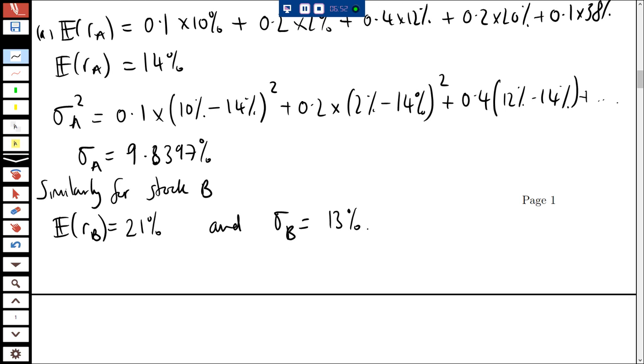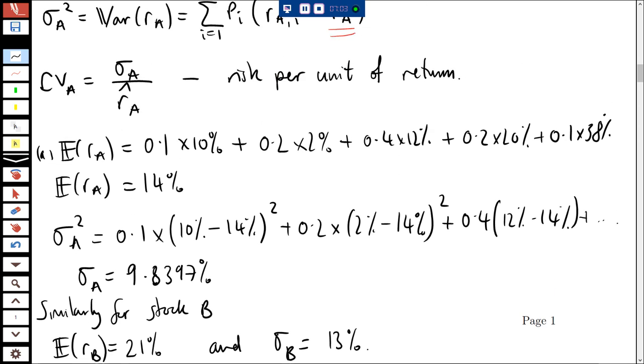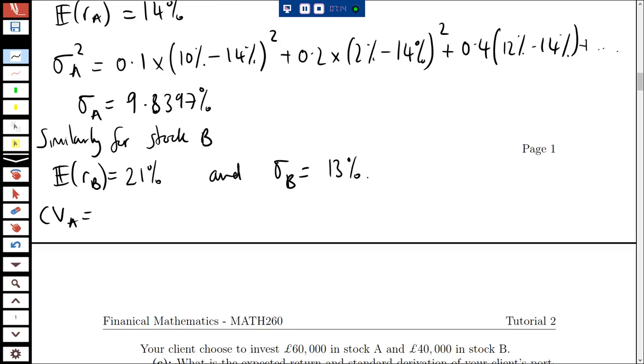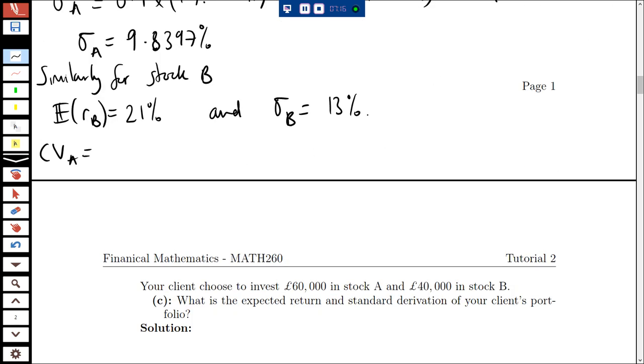Okay, finally the coefficient of variation, so CV of A. The standard equation is the risk divided by the expected return, standard deviation over expected return.